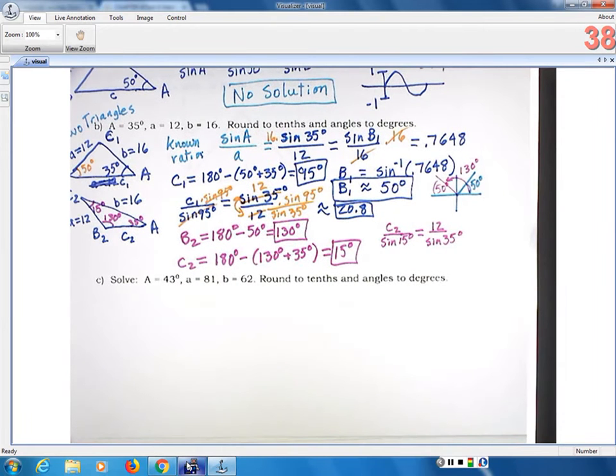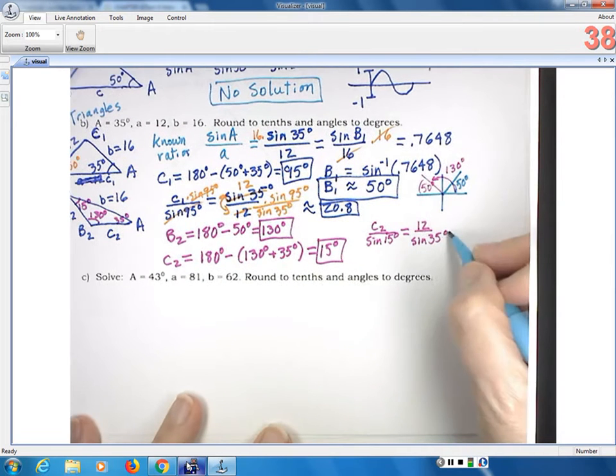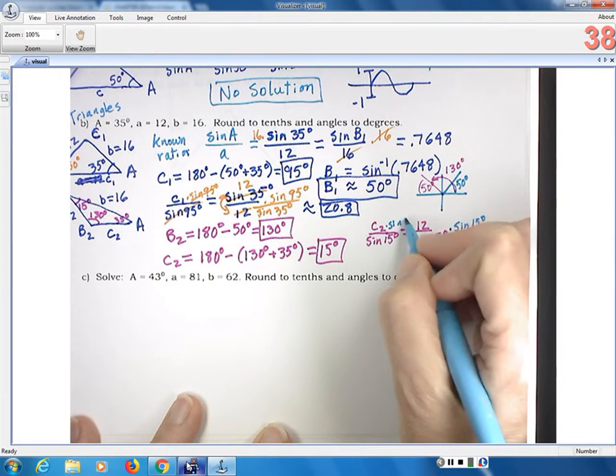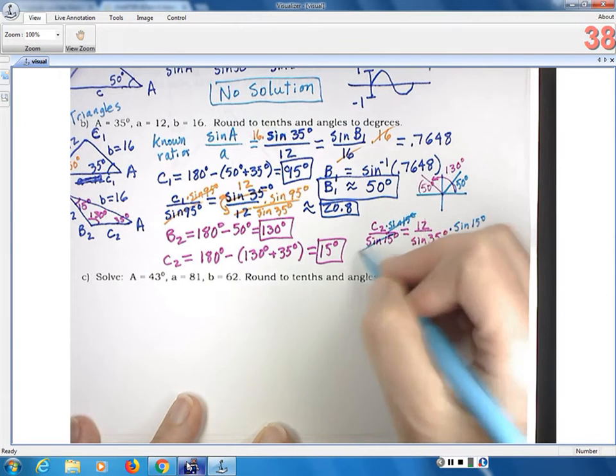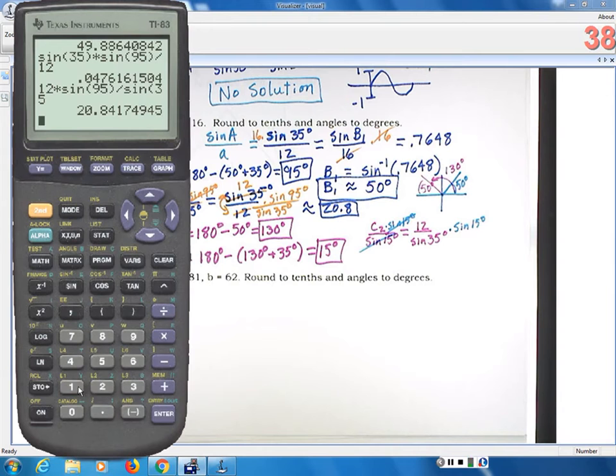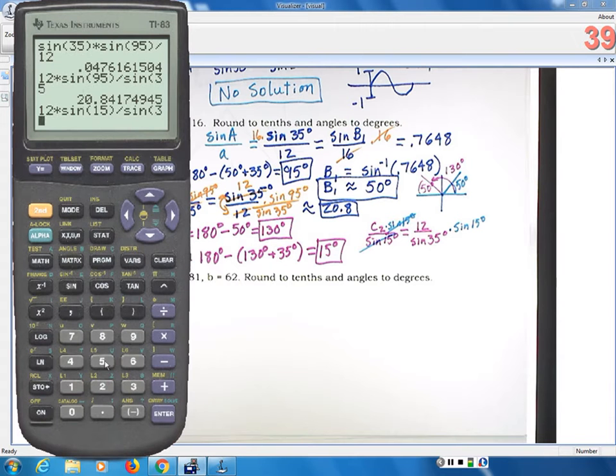Whatever you want to do, if you don't want to flip these things around, you don't have to. C2 is 12 times sine of 15, close the parentheses, divided by sine of 35.